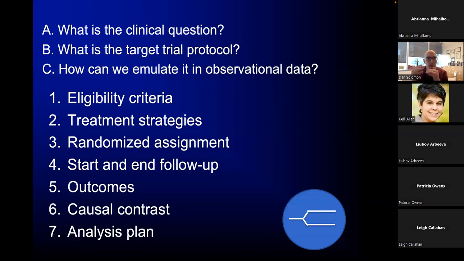So we really have to think carefully about the validation of the outcomes. We want to think about the causal contrast. What is the other strategy, the reference group that we're going to compare our intervention of interest to? And then we have to develop the analysis plan. And this needs to be done before we go and analyze the data. We're going to end up biasing our analyses if we do it post hoc.